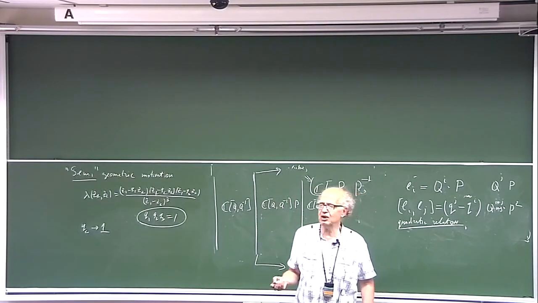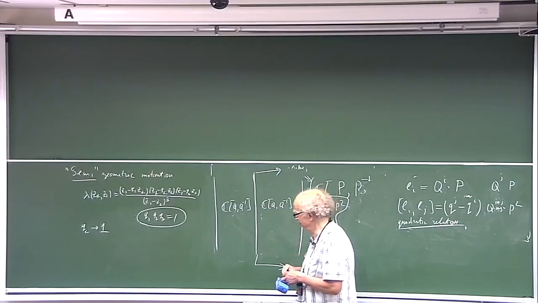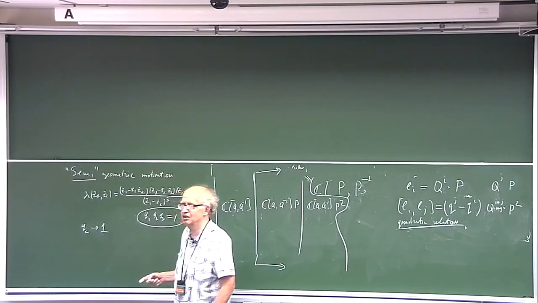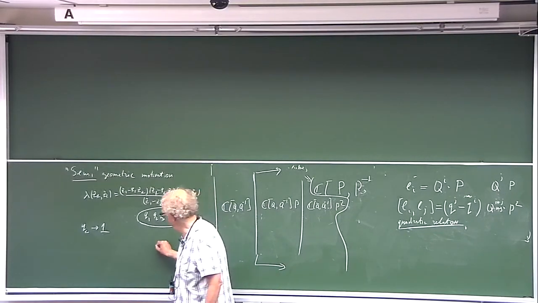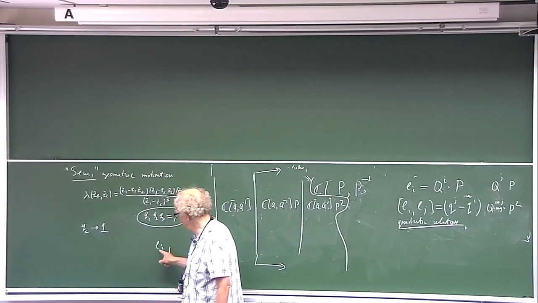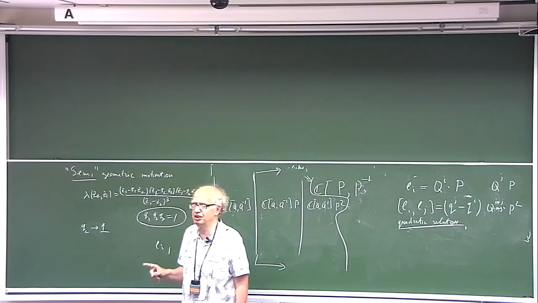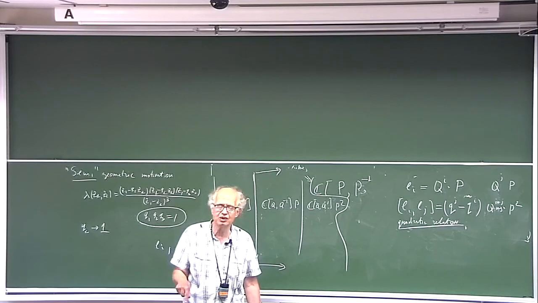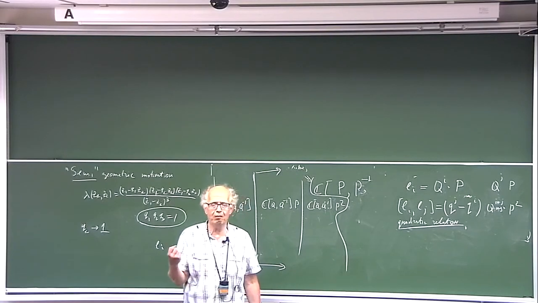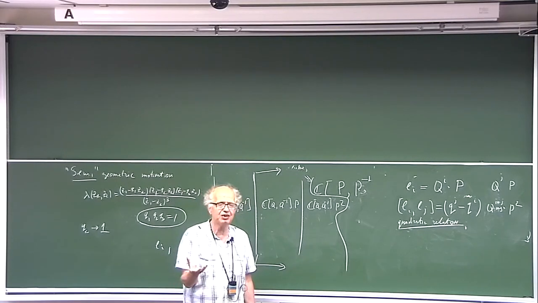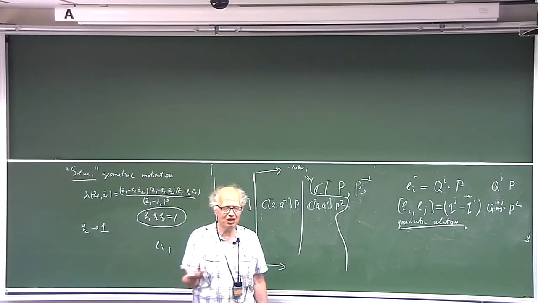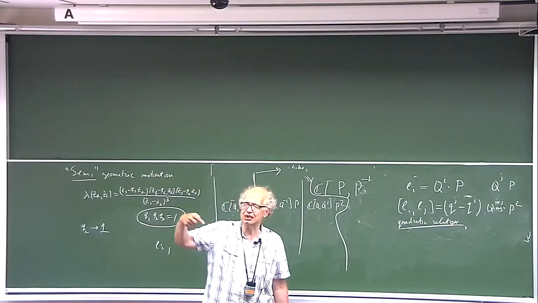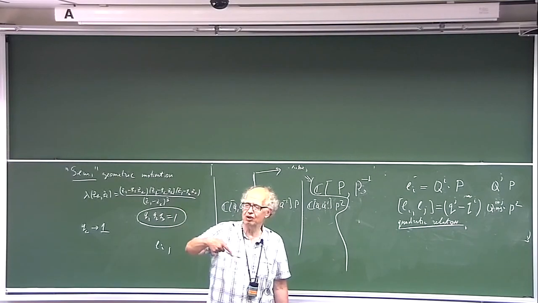Because our algebra for generic q1, q2, q3 is generated by E_i, and such E_i, as I said, satisfy quadratic and cubic relations, then we can take a limit in the relations. So just write down the relations between E_i, and then in these relations take the limit when q2 goes to 1.